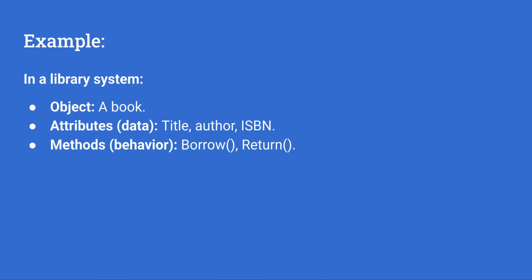For example, in a library system, an object is a book, and the attributes, the data, are the title, author, and ISBN, and the methods, the behavior, are borrow and return. So here is the system. We are using OOPS concepts to make this system.